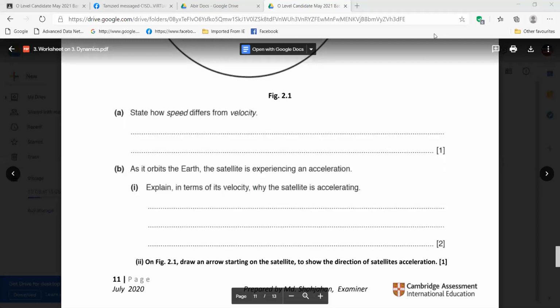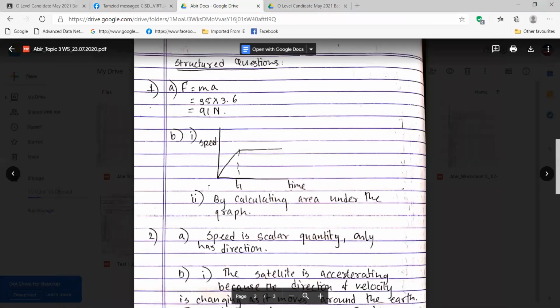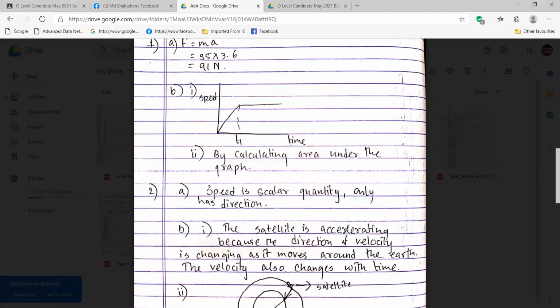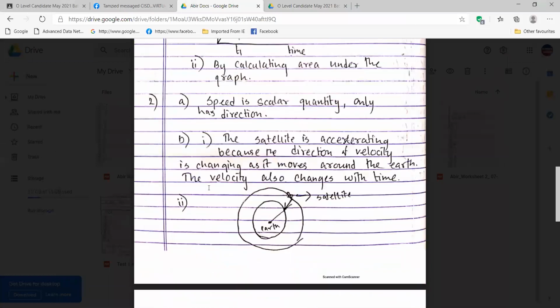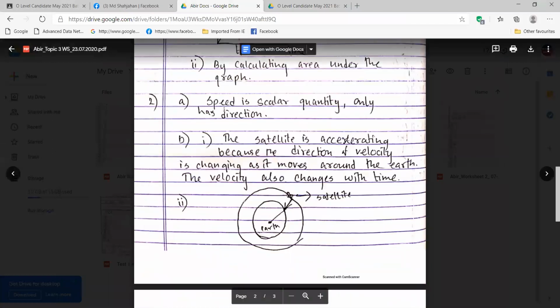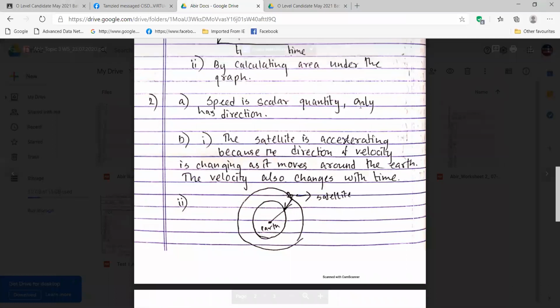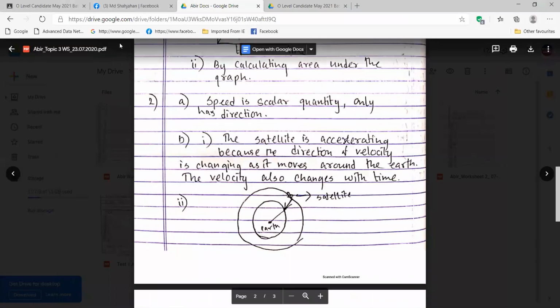What you gave for all. This one. How speed differs from velocity: speed is a scalar quantity, only has magnitude, not direction. This one is correct.